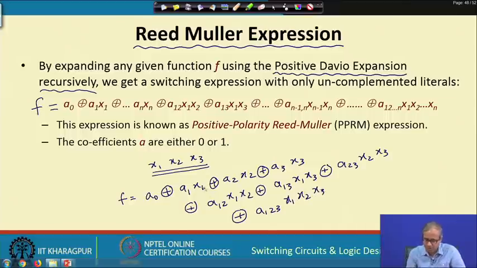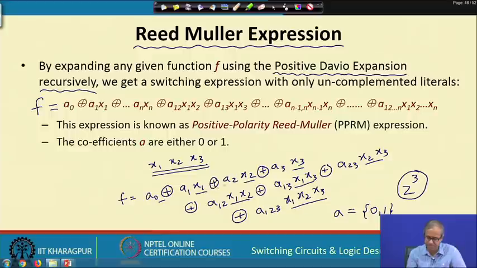So, you see all possible values of x 1 x 2 x 3 and their combinations and terms are there. There are x 1 x 2 x 3 singly, pairs, 2 of them taken together, 3 of them taken together and none of them. So, there are 2 to the power 3 or 8 such AND terms, product terms. They are all XOR together, and these A coefficients are either 0 or 1. They may be present in an expansion or they may not be present.